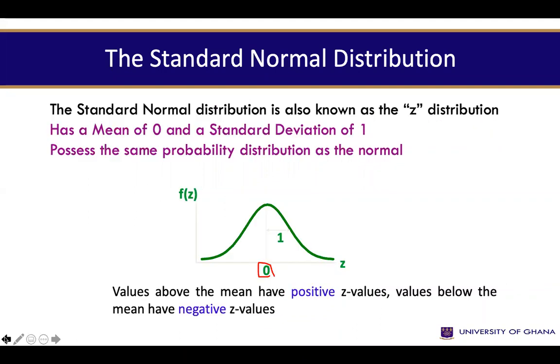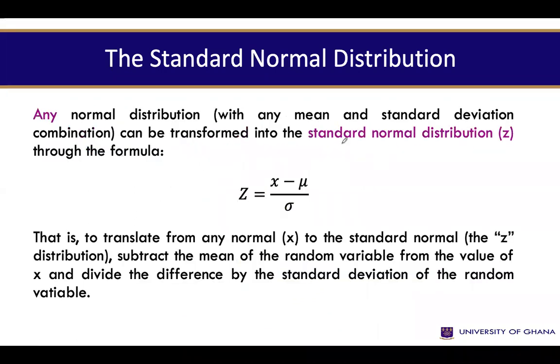Any normal distribution that has a mean mu and a standard deviation sigma can be converted into a standard normal distribution, so that we have a mean of 0 and a standard deviation of 1. When that is done, the distribution becomes a standard normal distribution. The process of doing such a conversion is what we term standardization.